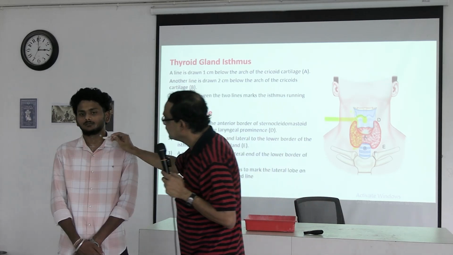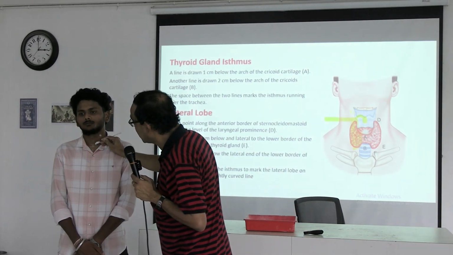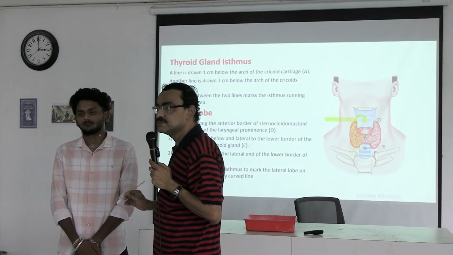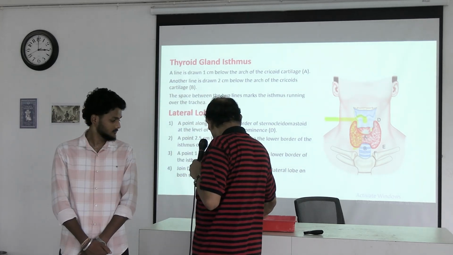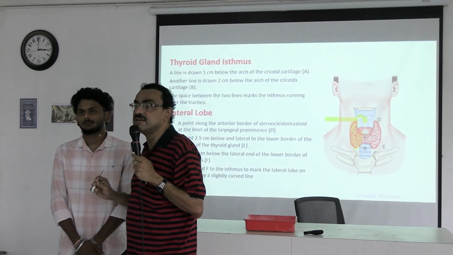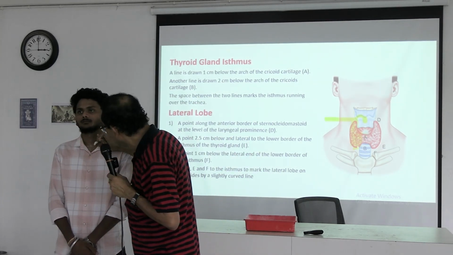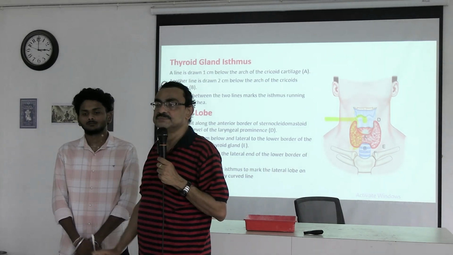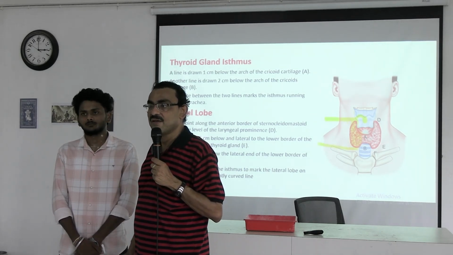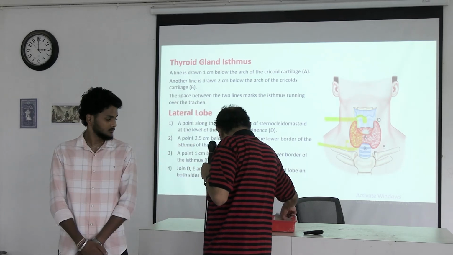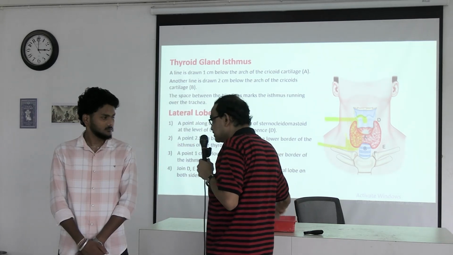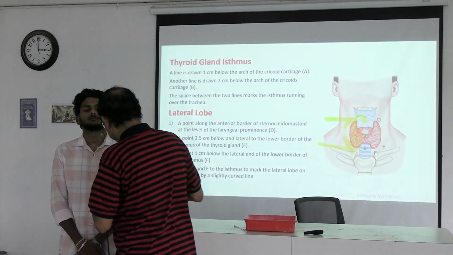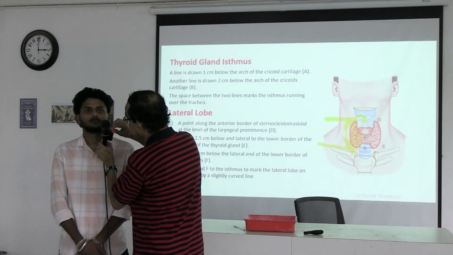Another point is the lower lateral part of the isthmus. From here we can go 1.25 centimeter, that means ½ inch below, and laterally we can give another point. And we can join these 2 points like this.